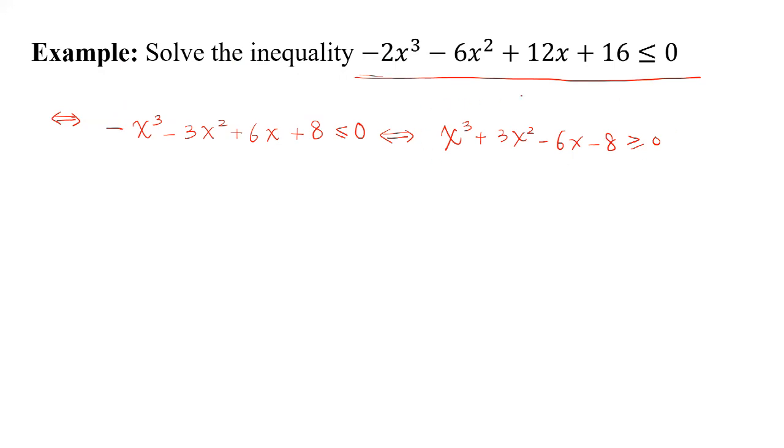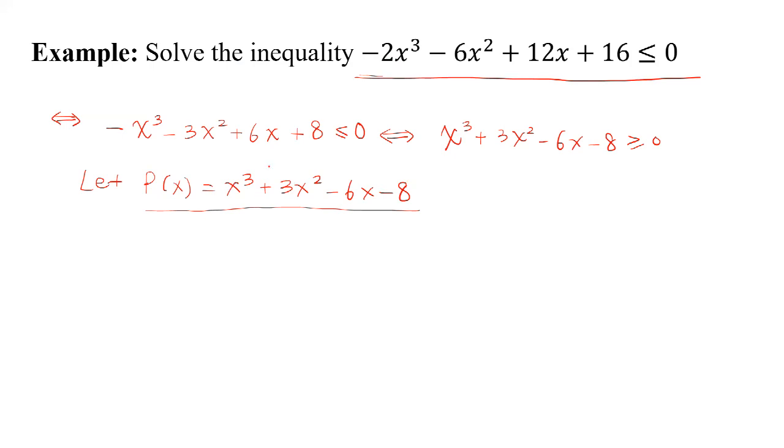For me, I like to make the leading coefficient positive in order to make things easier. Next, you can just let p(x) equal x cubed plus 3x squared minus 6x minus 8. And then we want to find all the zeros, so we need to factor p(x).